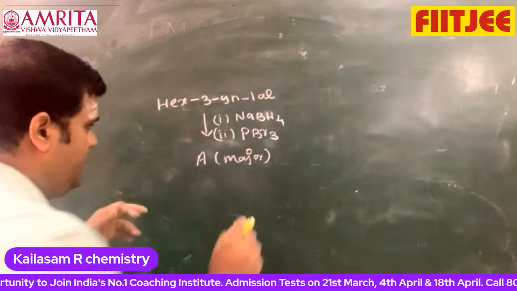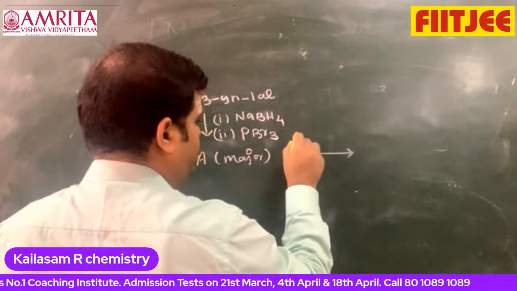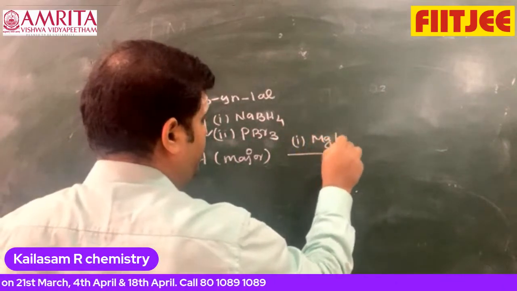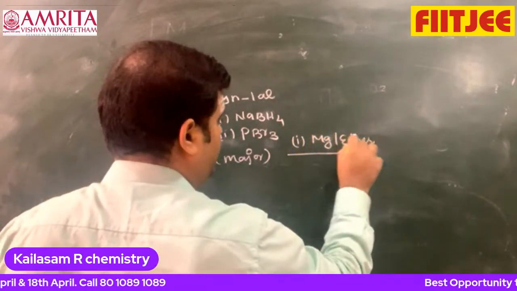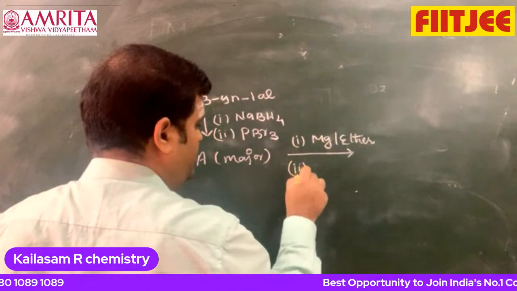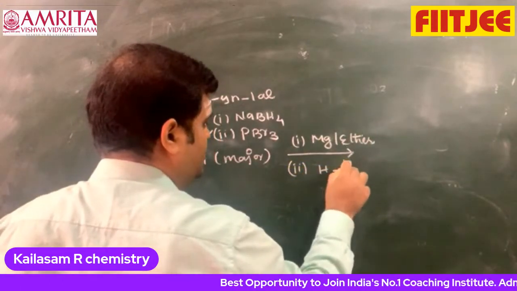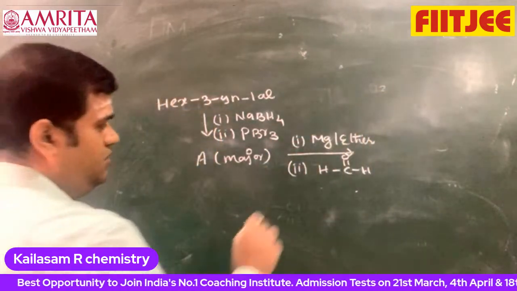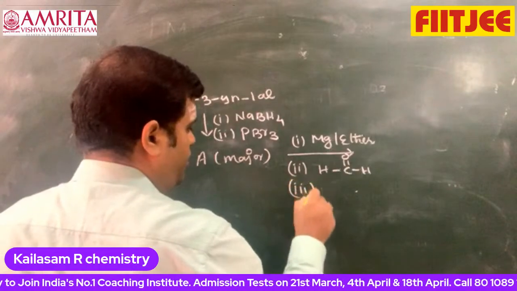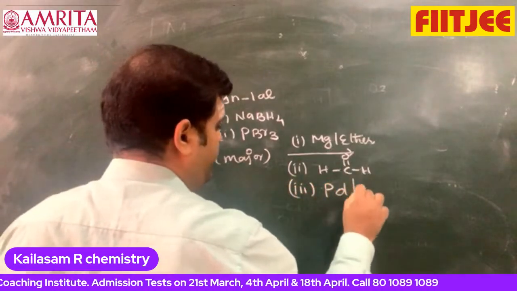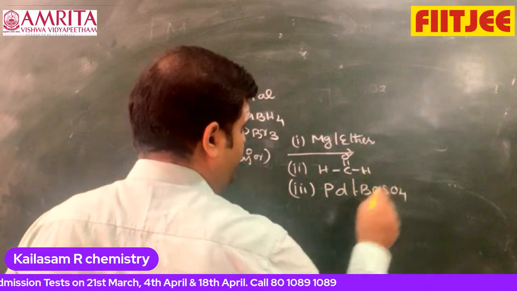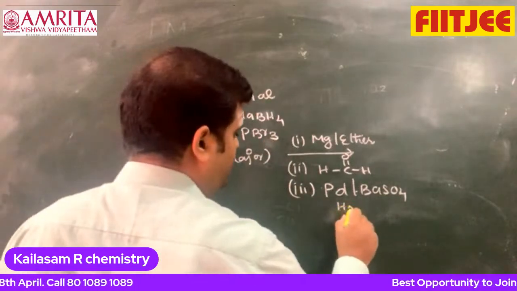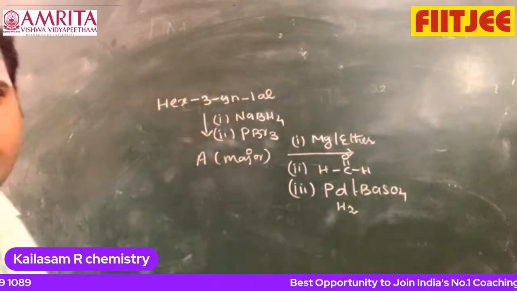Next, I am going to use carefully magnesium in ether. In that I am going to use HCHO, and third, palladium, barium sulfate with H2. So how do we have to solve this question?